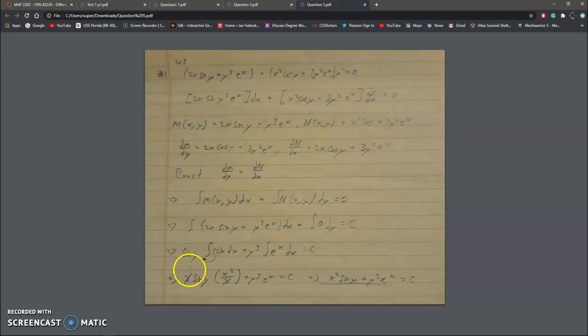And you simplify by getting rid of the x squared. You will get rid of the 2 under the x squared and the 2 times sine y, as they're all being multiplied together. So the 2's just go away, resulting in x squared sine y plus y cubed e to the x equals c.